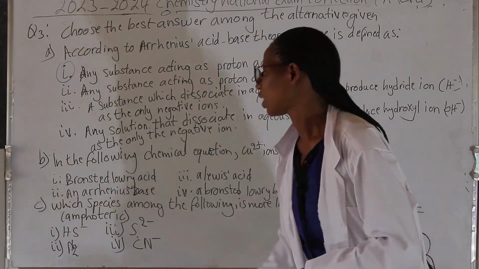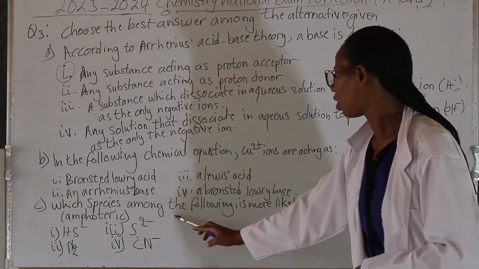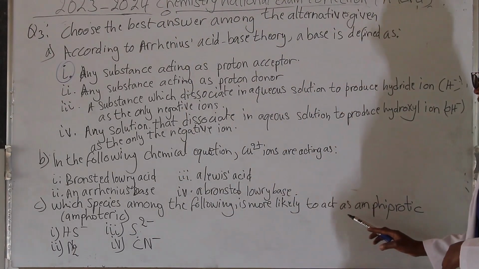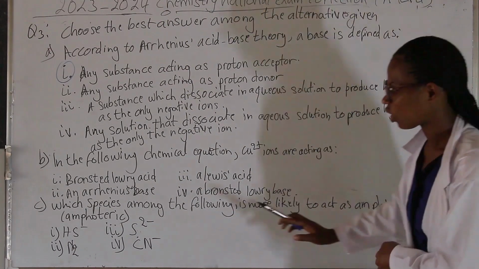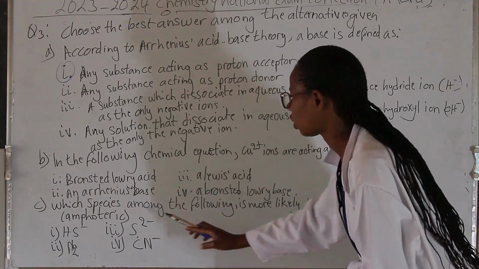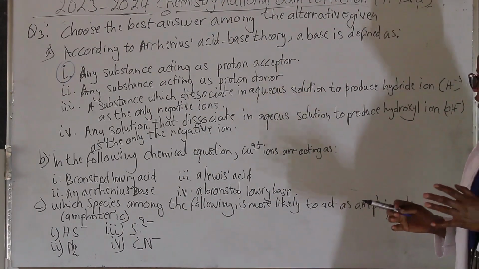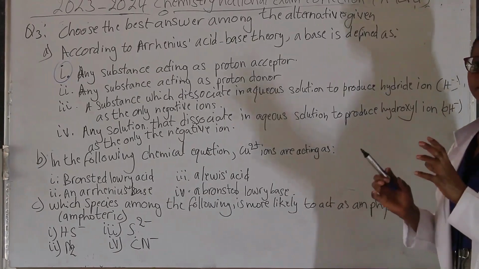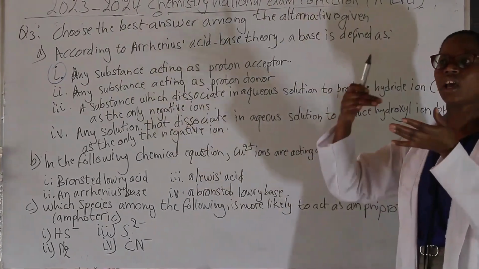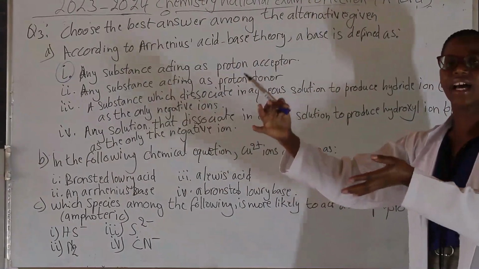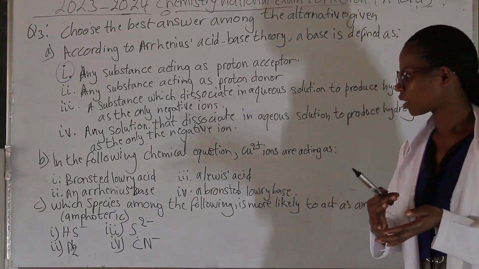For number C, which species among the following is more likely to act as amphibiotic, or amphiprotic, or amphoteric? When you say amphoteric or amphiprotic, it is just a substance which can both donate and accept protons.